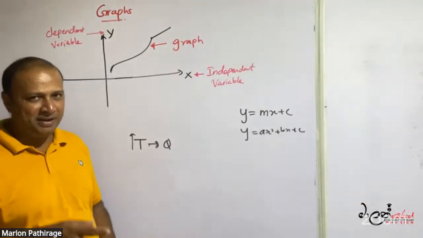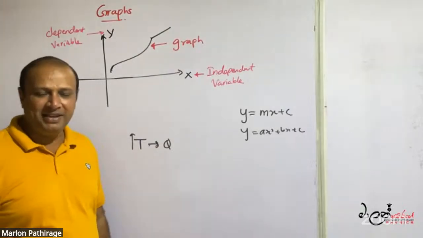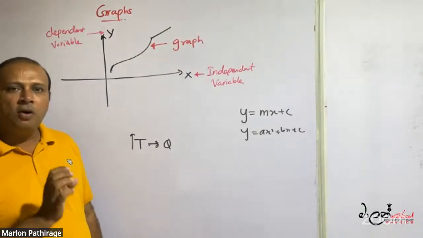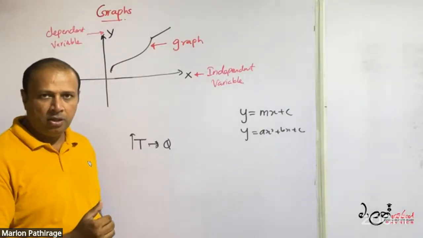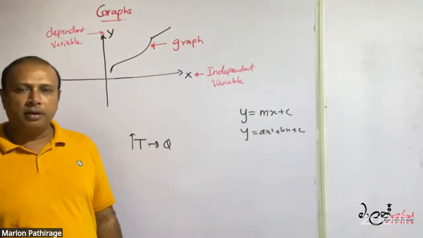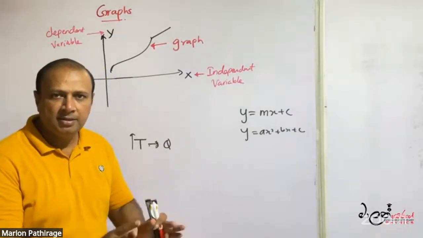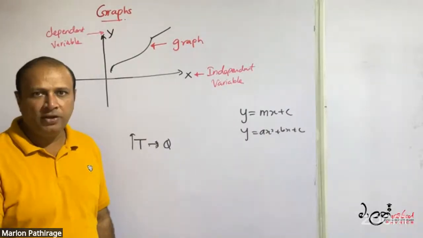If you watch my heat lessons, then you can understand very easily what I'm saying. If you want to increase or decrease the temperature, you have to give heat energy or remove heat energy from an object. Otherwise, there is no way to change the temperature.